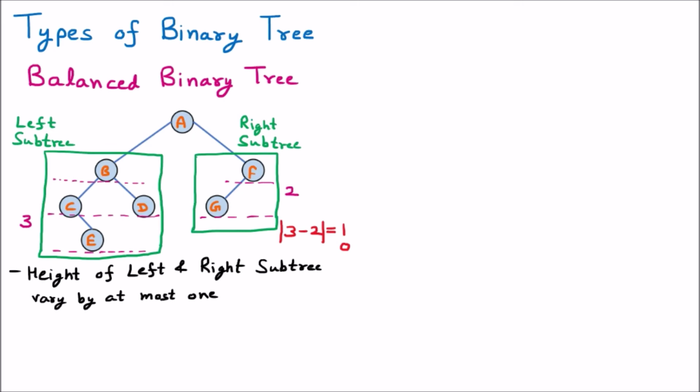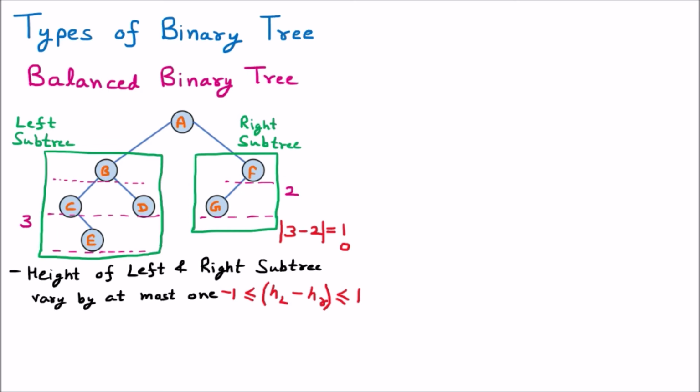We can derive a formula here: the height of left subtree minus height of right subtree should be less than or equal to 1 and greater than or equal to minus 1. So if the difference ranges between minus 1 and 1, then this is a balanced binary tree.